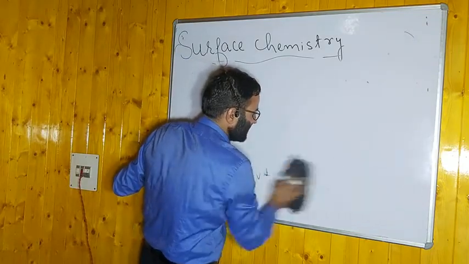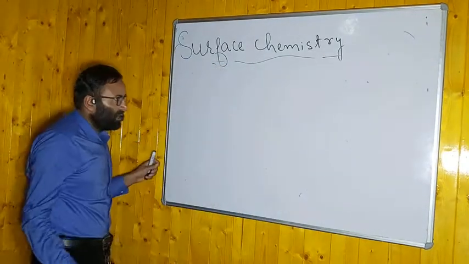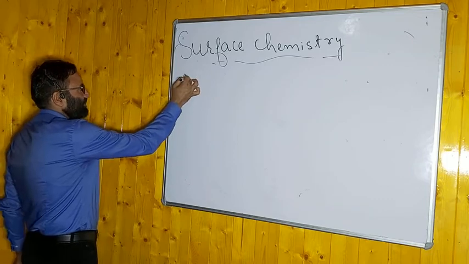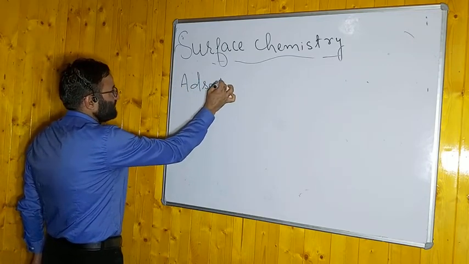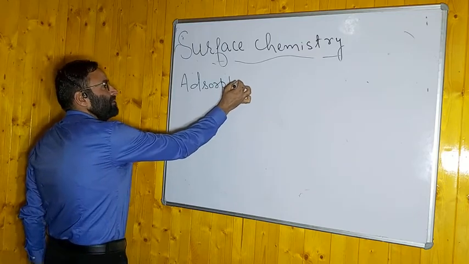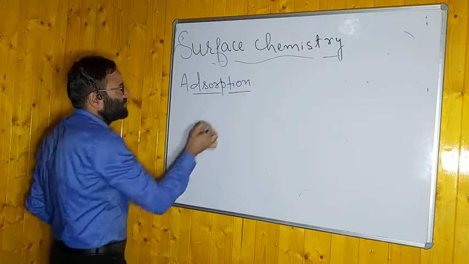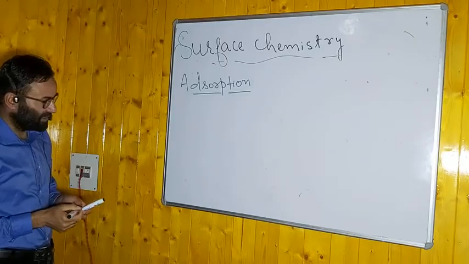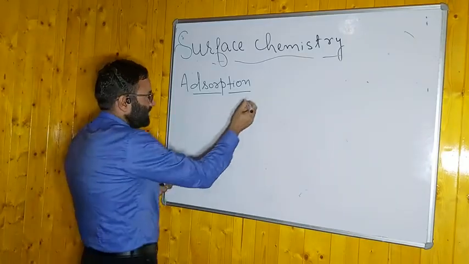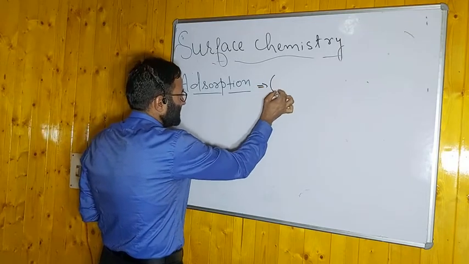The branch of chemistry dealing with the study of surface phenomena. Now we have the first very important topic, that is adsorption. We have to mention the first topic, that is adsorption. That's fine. Now we'll discuss first the adsorption.